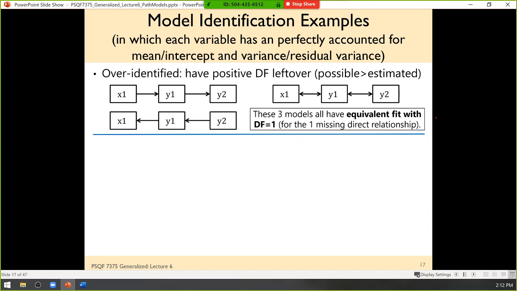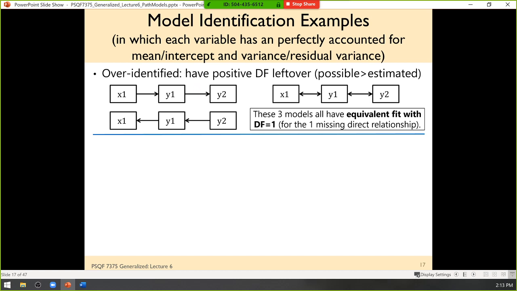So degrees of freedom in this case, this is an over-identified model on the top because x1 to y2 is not there. So what this model says the relationship between x1 and y2 should be is this path between x1 and y1 multiplied by the path between y1 and y2.